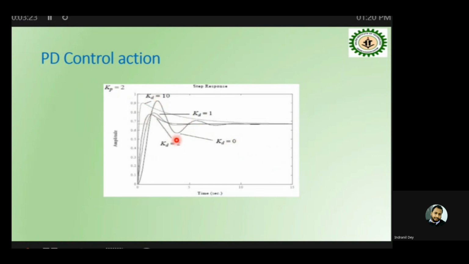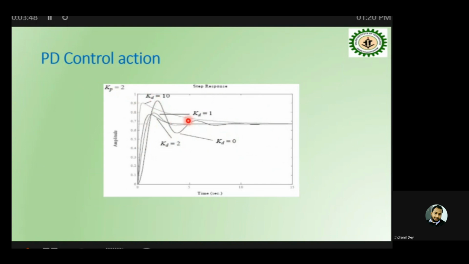But next, when we increased the Kd, the oscillation reduced immediately, which means overshoot reduced, but the set point, which is 1, is never reached. So we'll increase the Kd again.